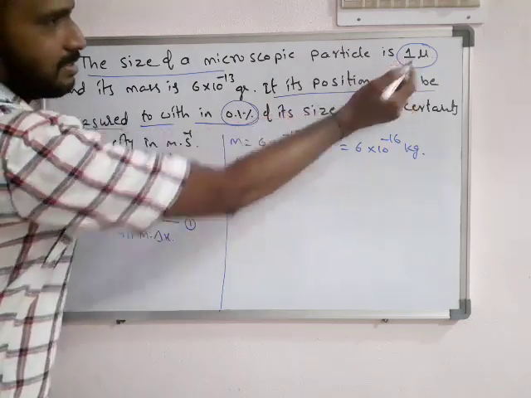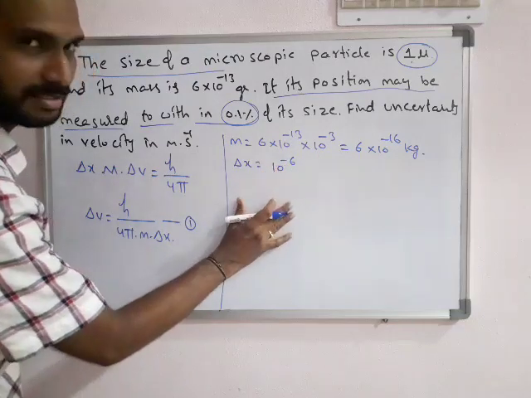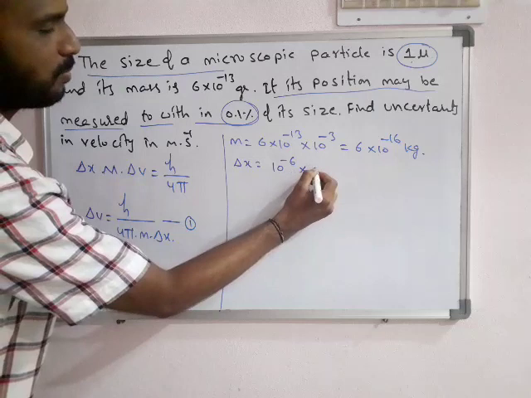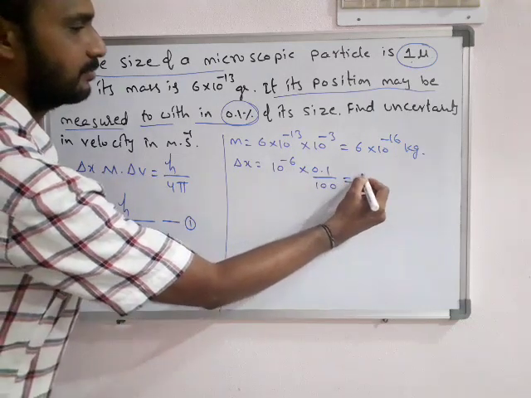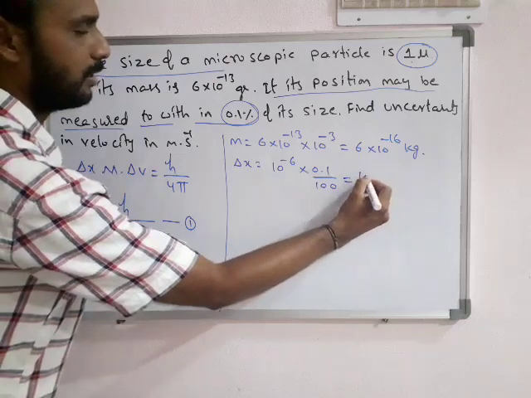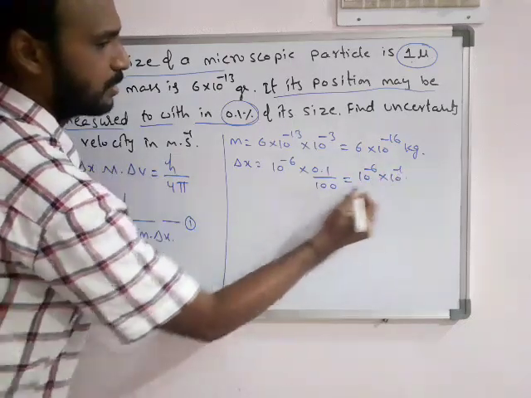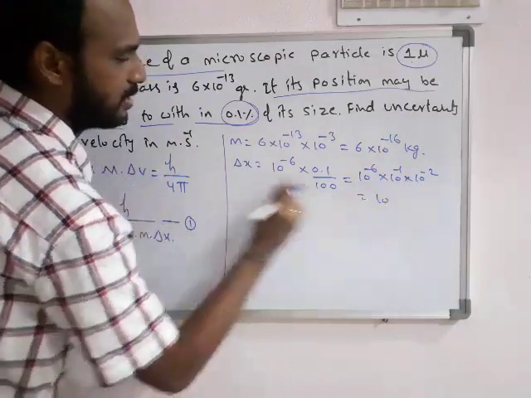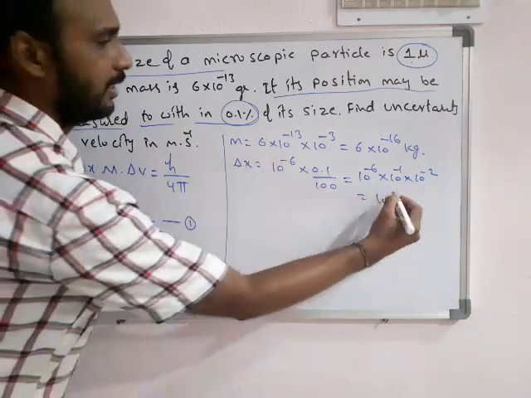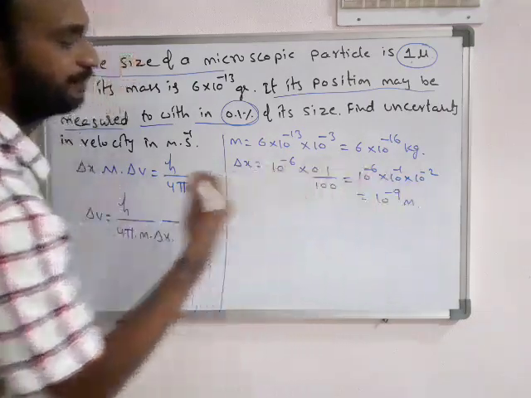What is its size? 1 micron. 1 micron means 10 power minus 6 meters. Okay. So 0.1%, that is 0.1 by 100. That is total, so minus 6, 0.1 minus 1, this becomes 10 power minus 2. Total is, the uncertainty in position is 10 power minus 9 meters.